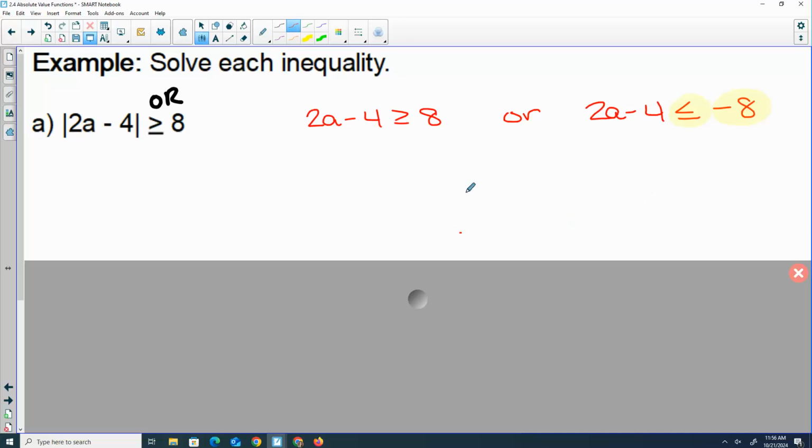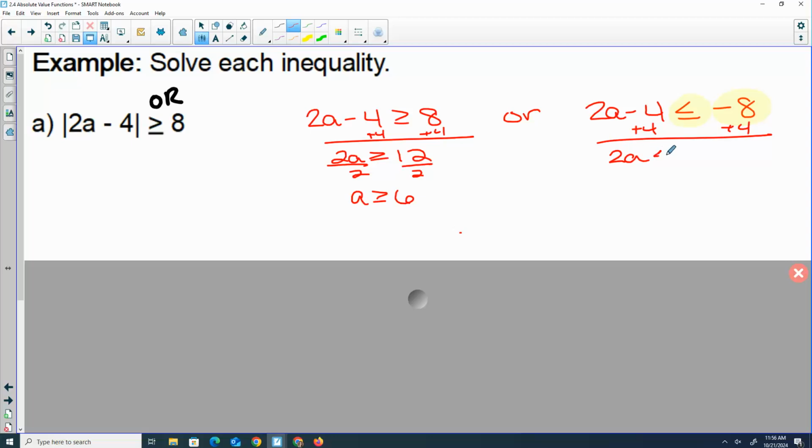So then we can solve these. We add our 4. When do you have to flip your inequality when you divide?